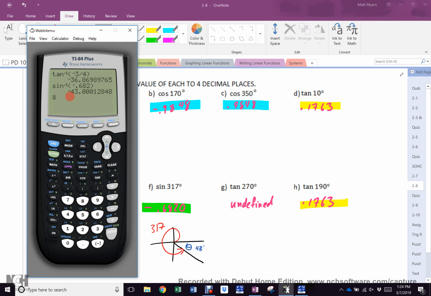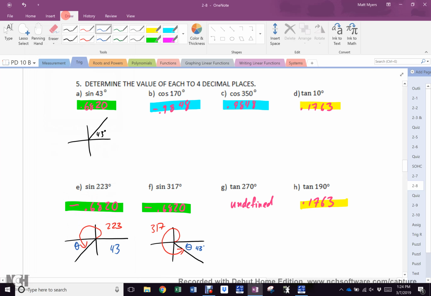What? That didn't give me 223. It gave me negative 43. But what do we now know that my calculator is thinking in? Reference angles.